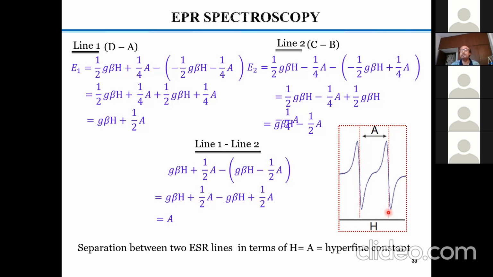So these 20 Gauss is essentially your hyperfine coupling constant for this 1H.